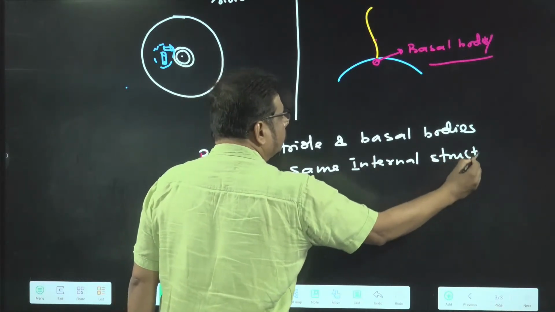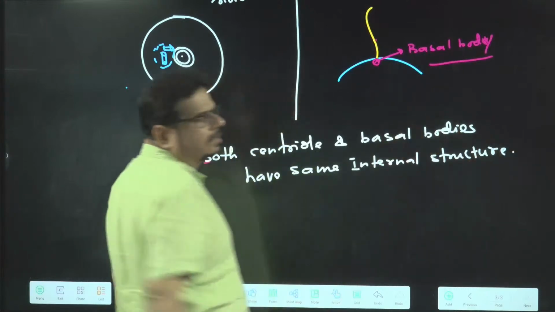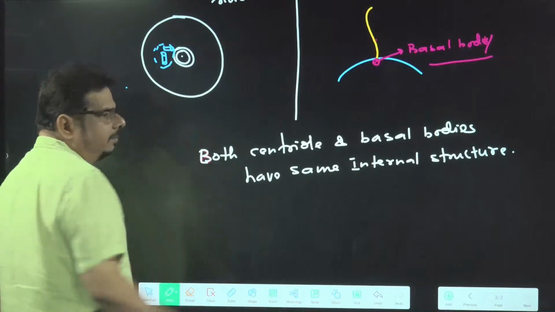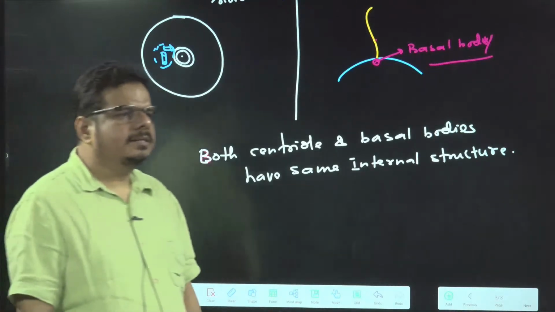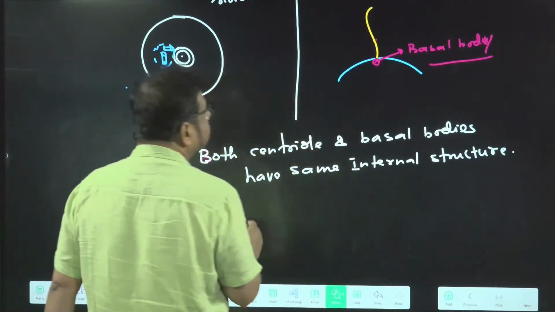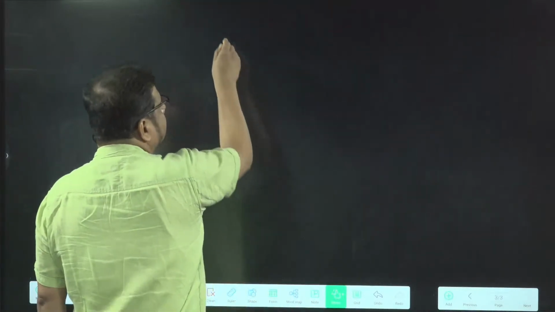So now we are going to deal with the internal structure of centriole and basal body. Have a look. I am drawing the diagram.